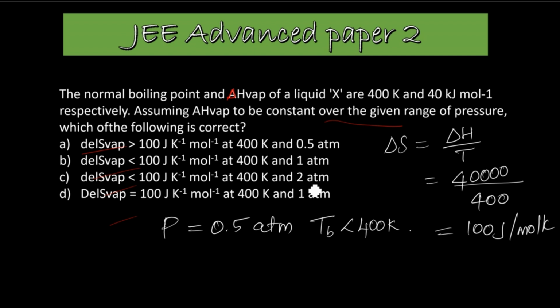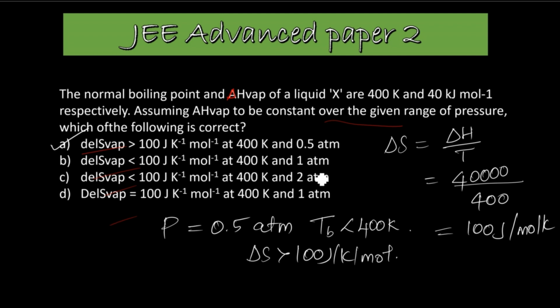Correct? So delta S will be more than 100 joule per Kelvin per mole. It is inversely proportional, so delta S is more than 100 at 0.5. So option A is right.